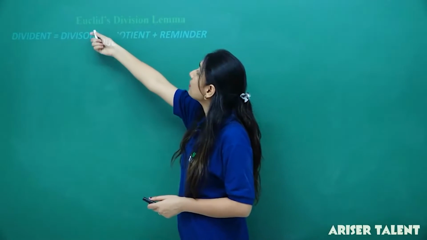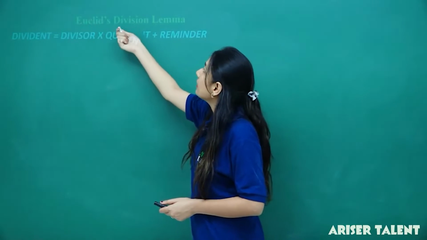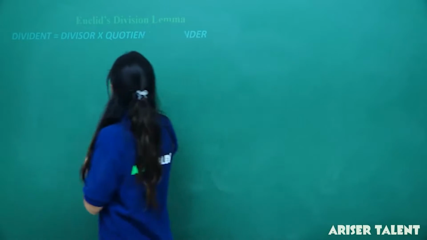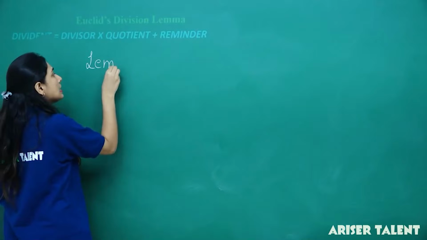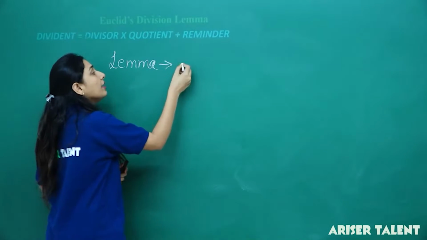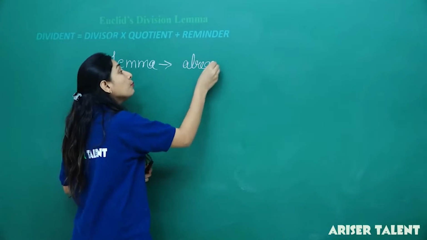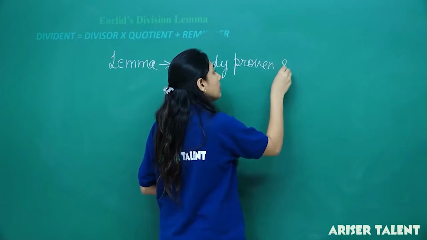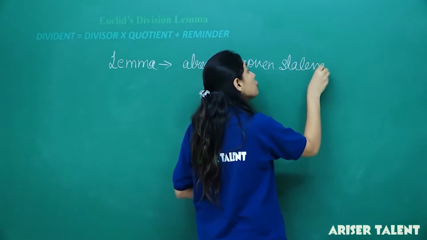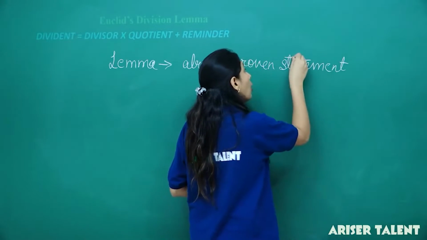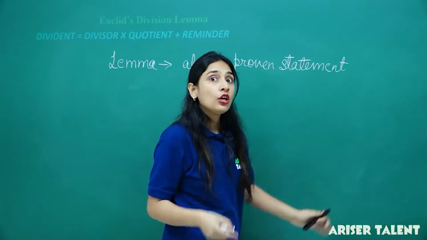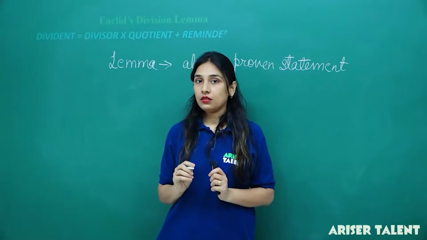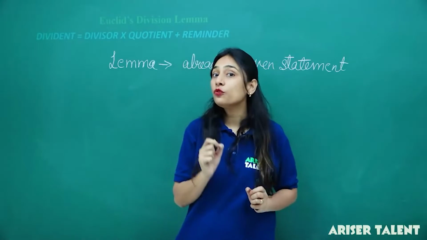So the next topic is Euclid's division lemma. Now what is lemma? Lemma is nothing but an already proven statement which is used to prove other statements. Now little bit confusing.